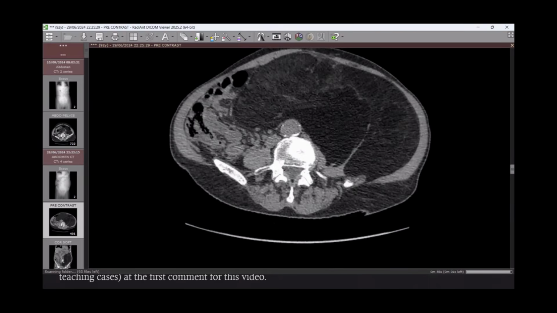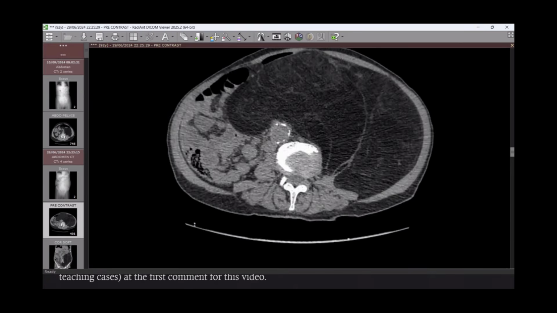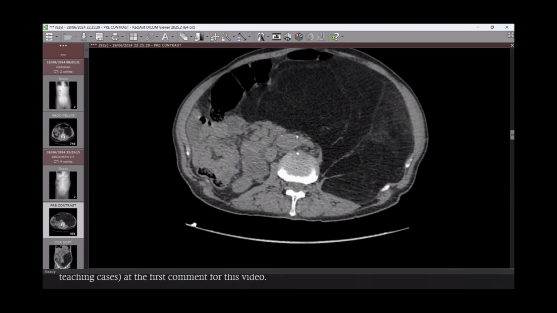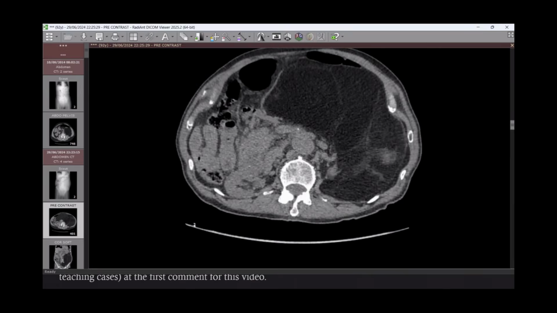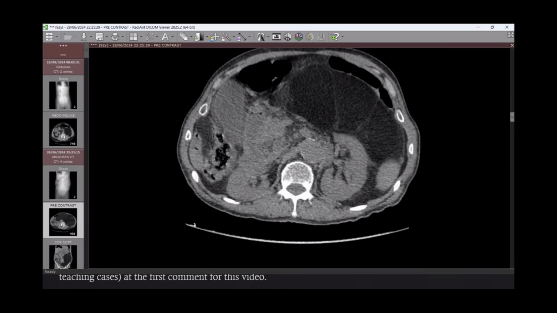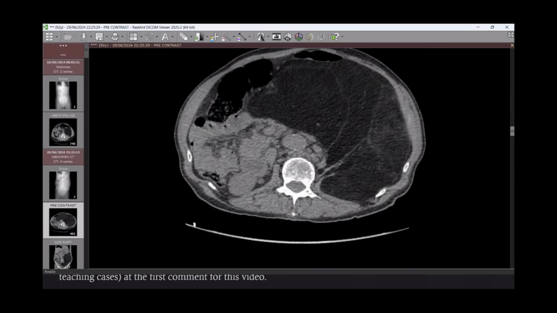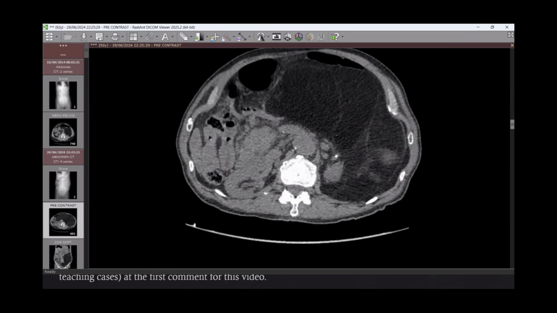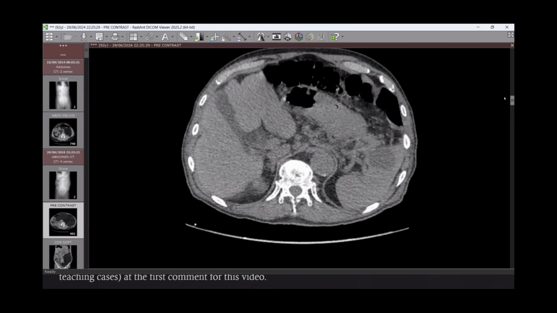Okay. I can appreciate that there is evidence of a large retroperitoneal low-density lesion noted on the left side of the abdomen, which appears to displace the left kidney slightly medially, and also displace the bowel loops to the right side of the abdomen.